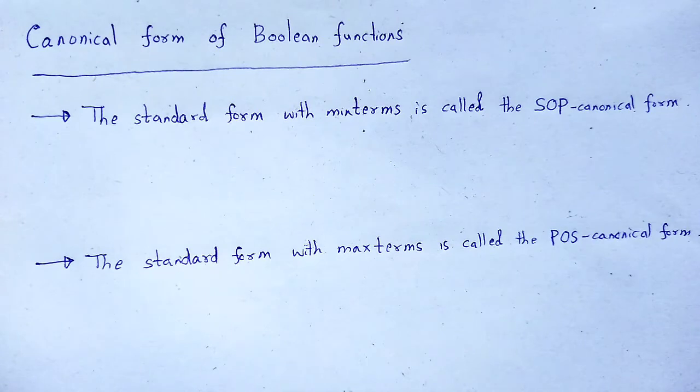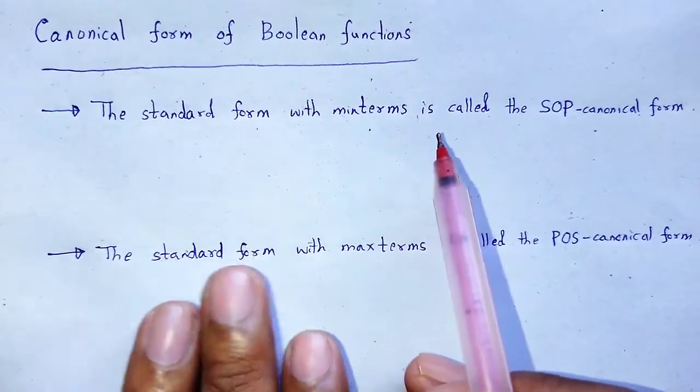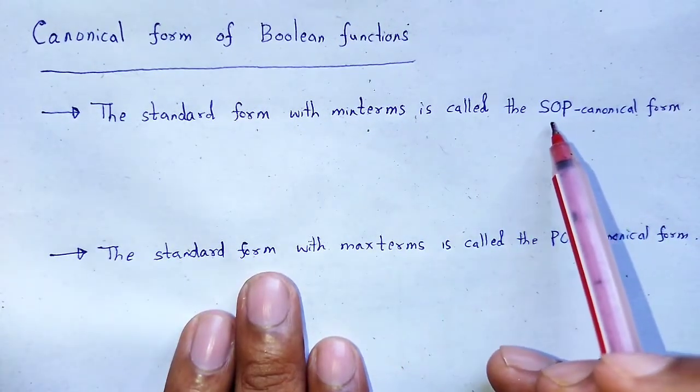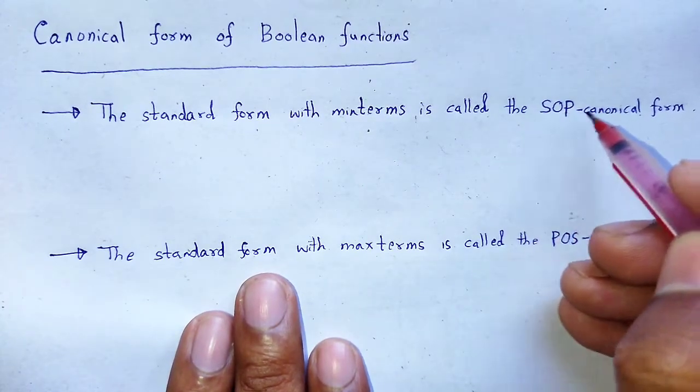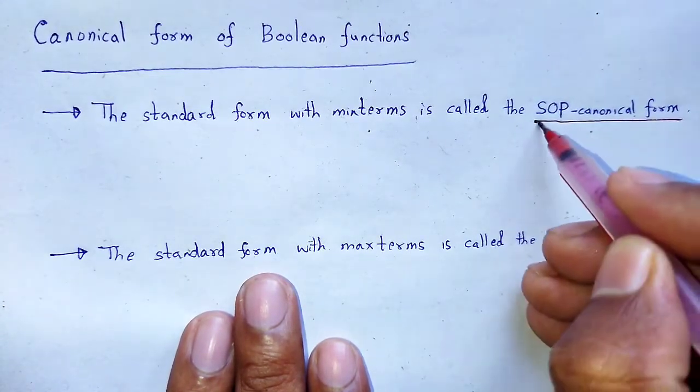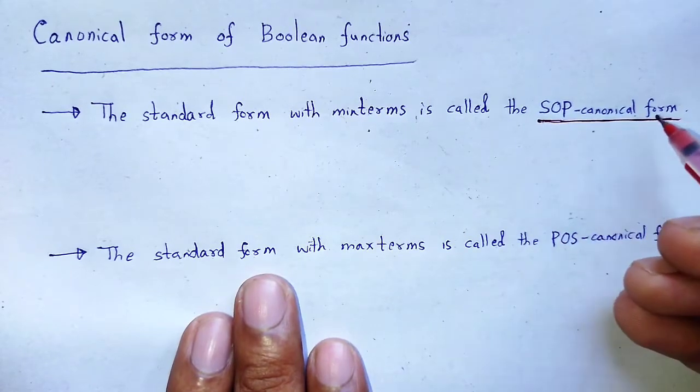The standard form with min terms is called the SOP canonical form, sum of product canonical form.